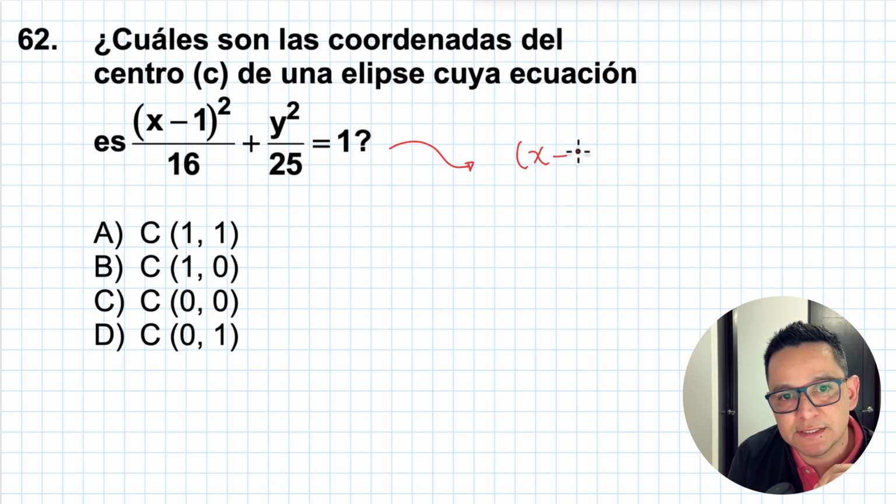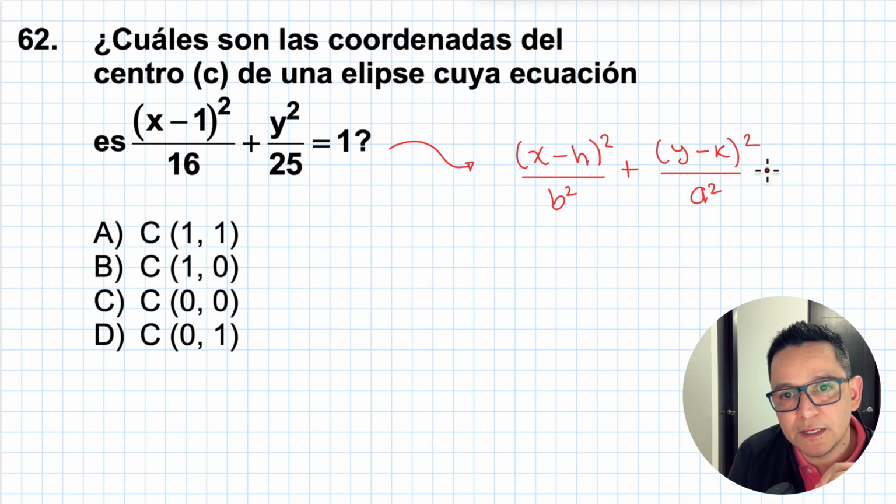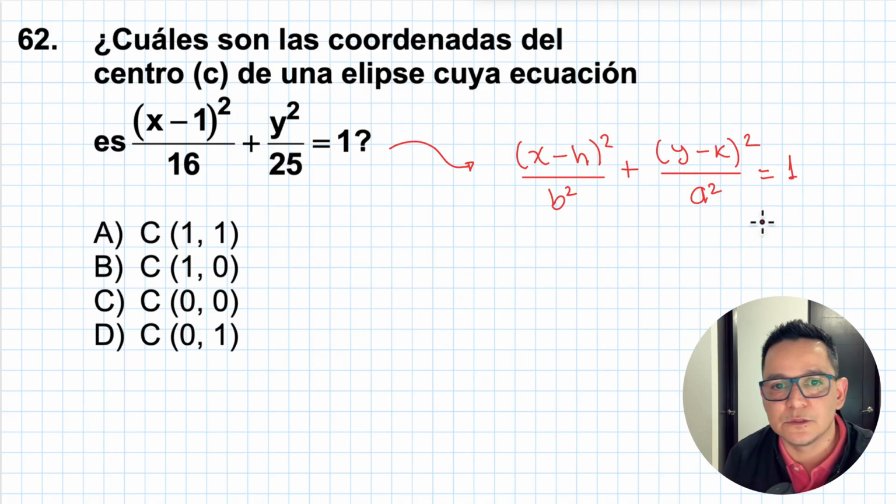It's like this. Look, we write (x minus h) squared, and in this case, we'll put it over b squared, plus over here, we write (y minus k) squared, and this over a squared. And this equals 1. All right, this is the equation of the ellipse.